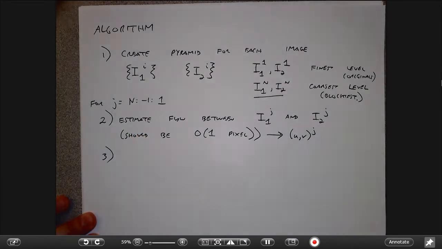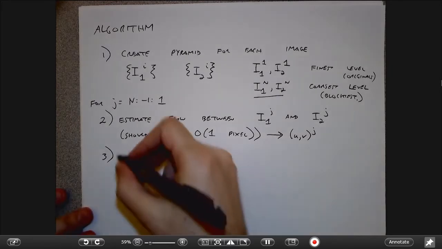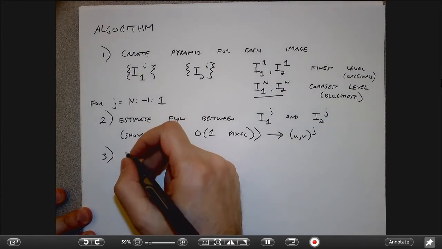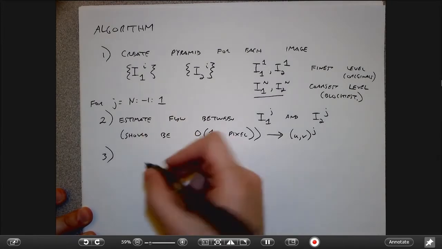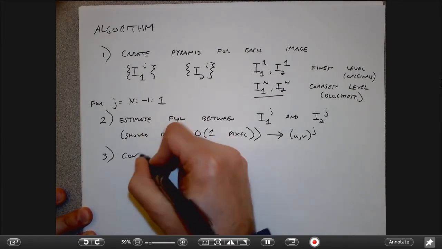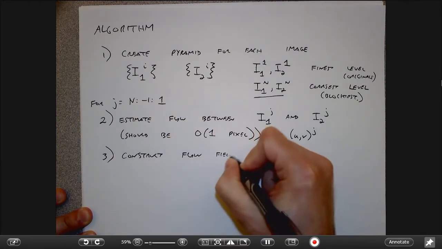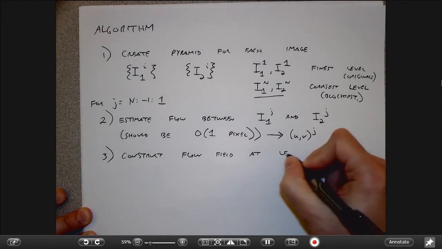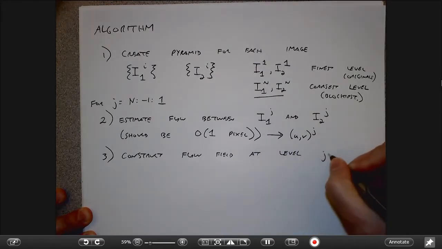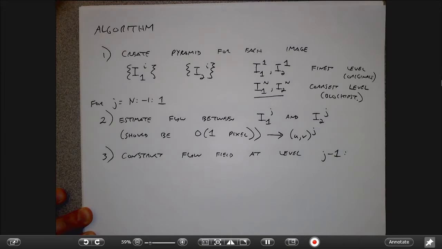And then I want to figure out at the next highest level what should be the flow field that I start with. And so what I'm going to do now is construct the flow field at level j minus 1. So how do I do that?